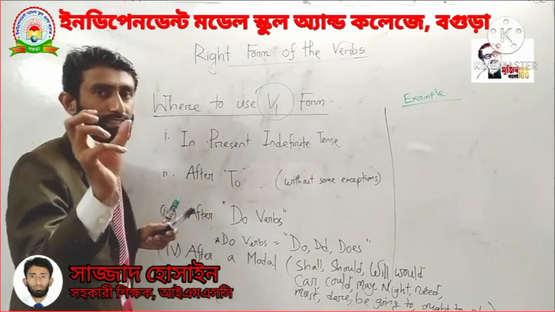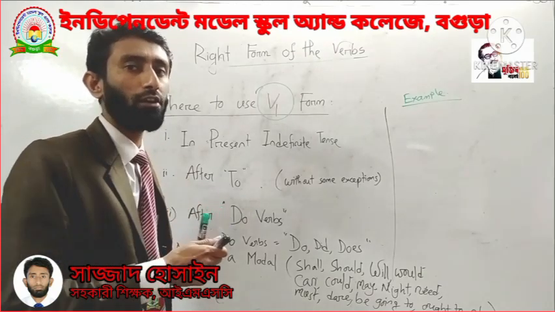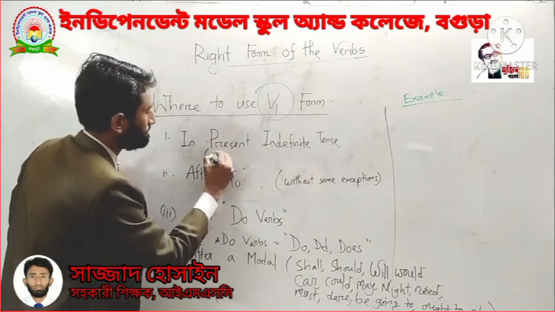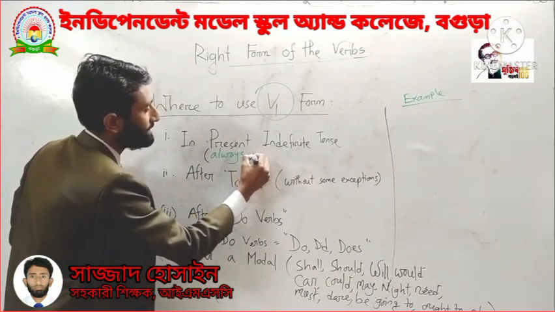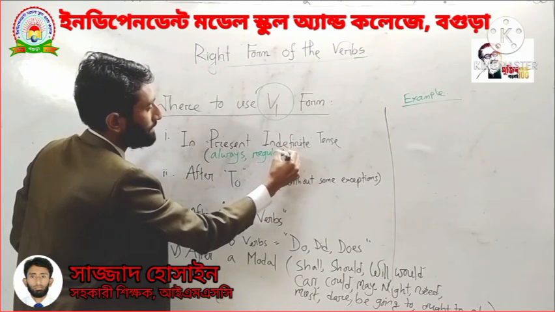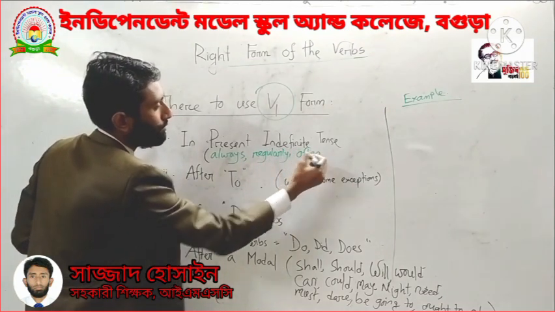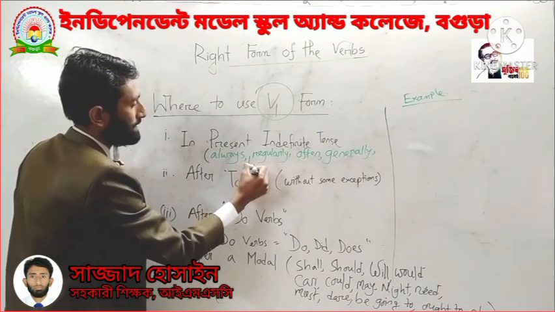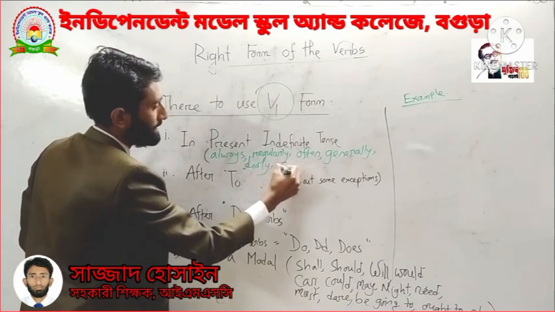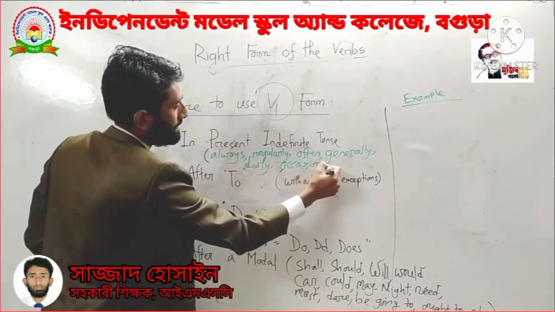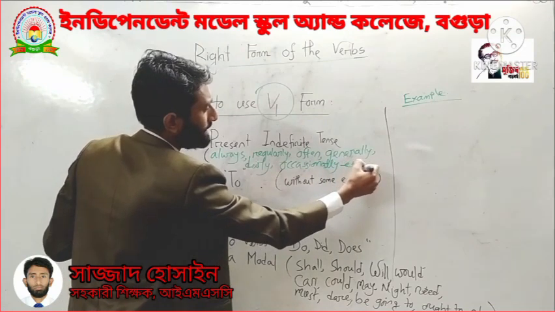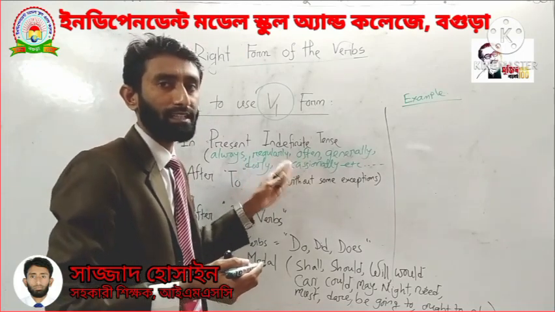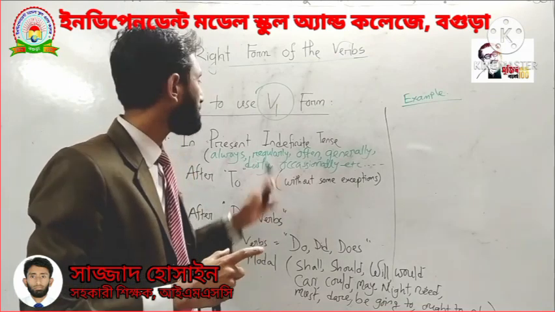You may notice some words in a sentence, and if you notice these words, then you may call it present indefinite tense, and the words are always, regularly, often, generally, daily, occasionally, etc. If you find these adverbs in any sentence, then the tense of the verb will be present indefinite tense.